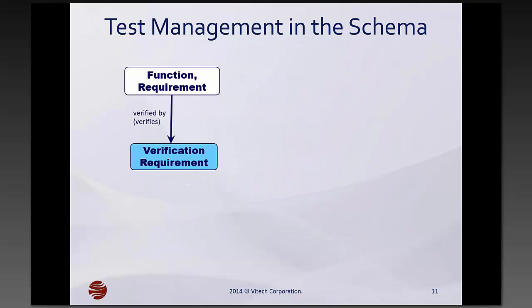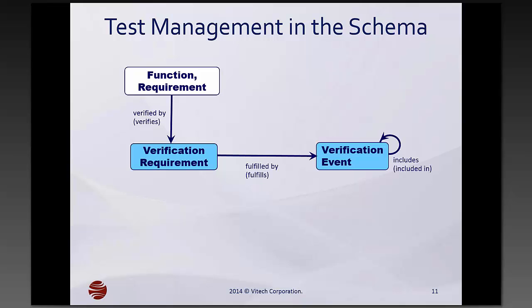We started out with just using function and requirement and just the attribute from the verification requirement of analysis, demonstration, inspection, and test. Now we've got some more things that we want to manage in our MBSE model. So first of all, we want to look at a verification requirement, and we want to see where that verification requirement is going to be tested, under what event.